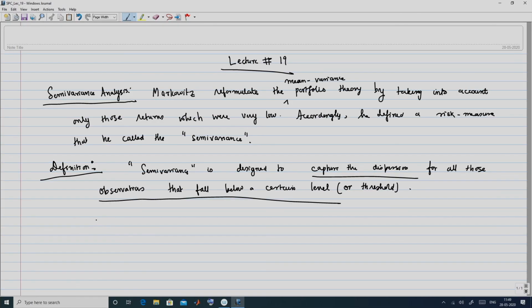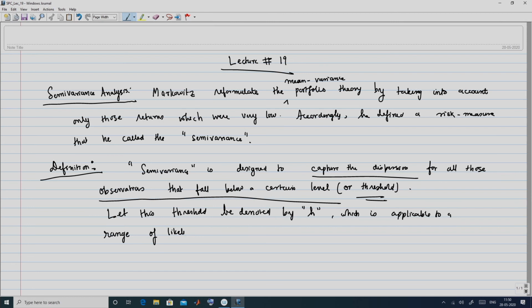So, now that you have talked about this threshold, let this threshold be denoted by letter H, which is applicable to a range or collection of random variables of likely one period rate of return.